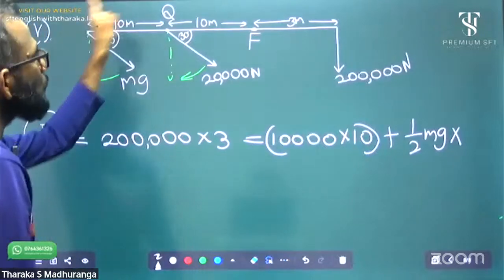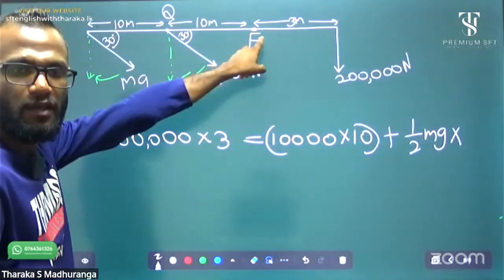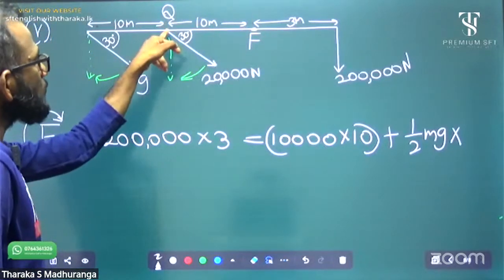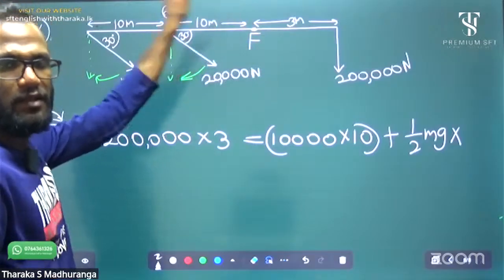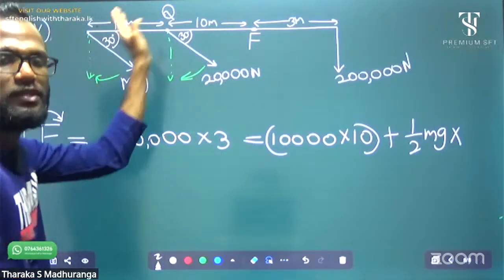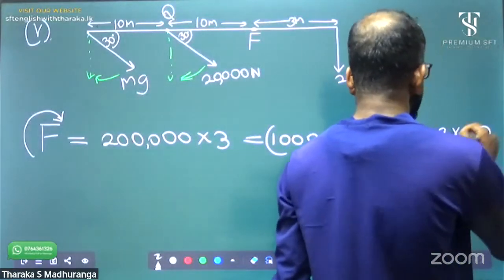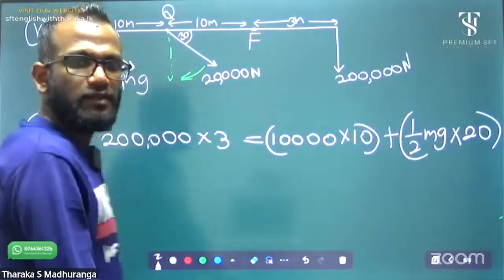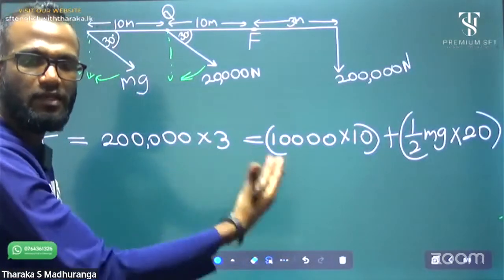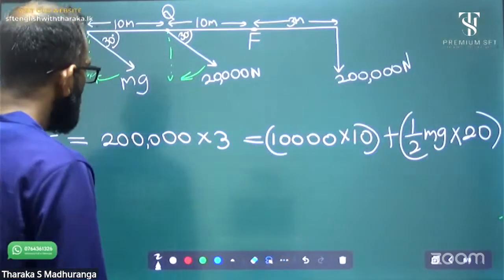Then the mg to F distance. In the previous point, I got the Q to F distance. Then mg to F distance is 20. Yeah, that's the equation. If you get mg, you can easily find the mass, right?